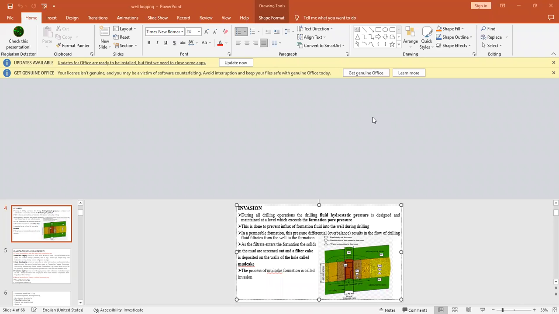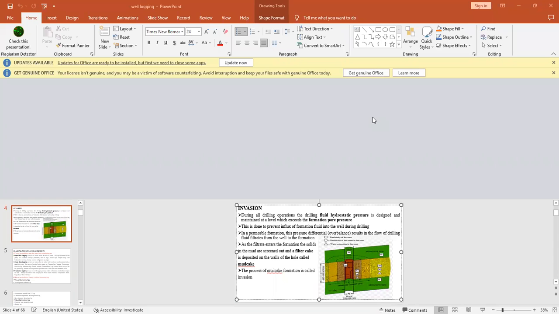So drillers don't want what is inside the reservoir to get into the borehole. To ensure that doesn't happen, they have to make sure that the drilling mud has a pressure that is greater than the formation pressure. This drilling mud pressure stops the hydrocarbon or the fluid inside the formation from flowing into the borehole.